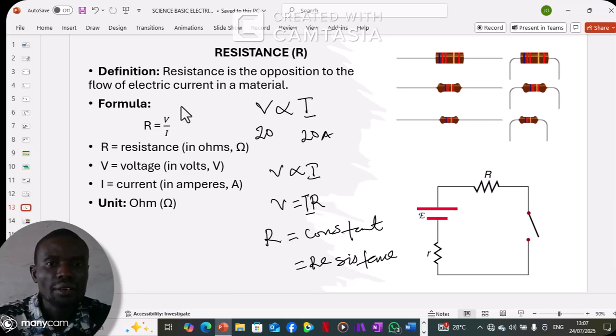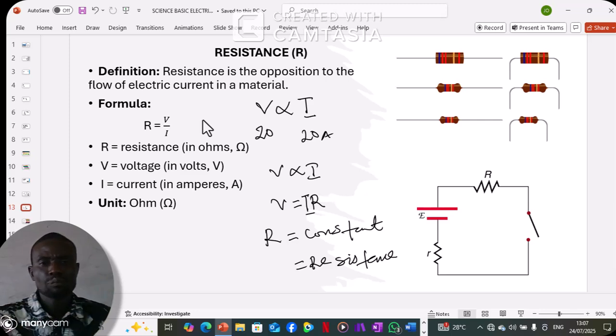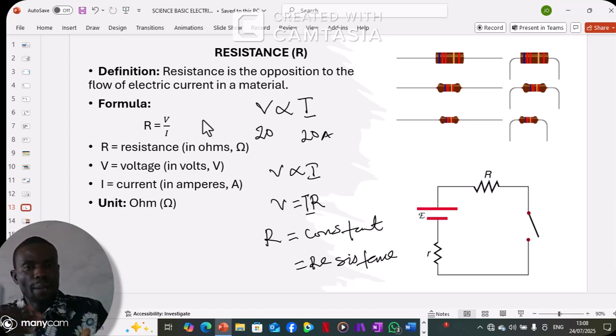So resistance is the opposition to the flow of electric current in a material. Take note of that. It's like a water tap and the pipe.